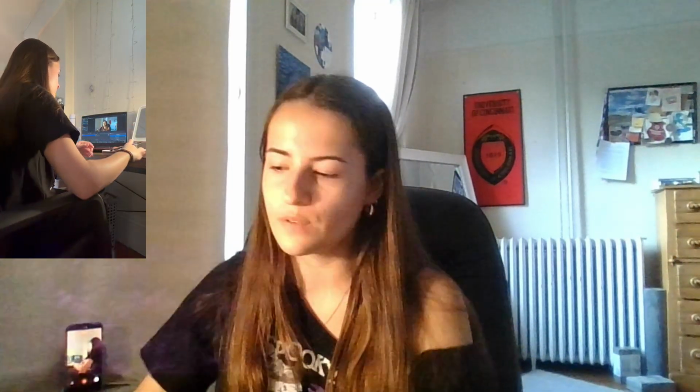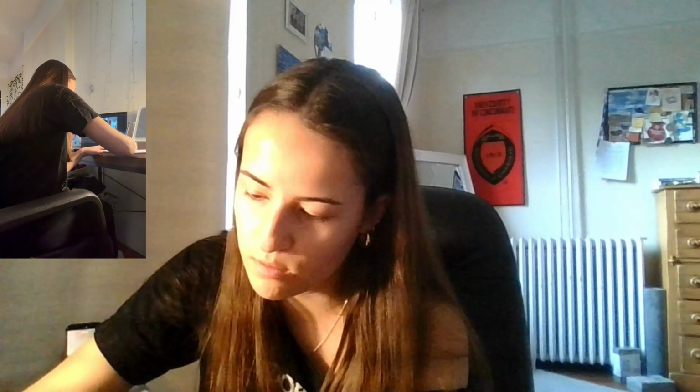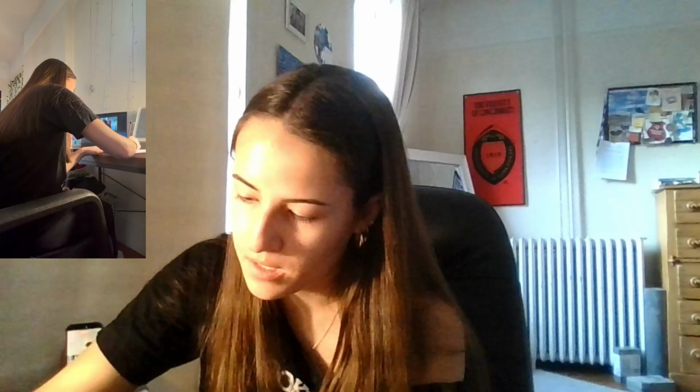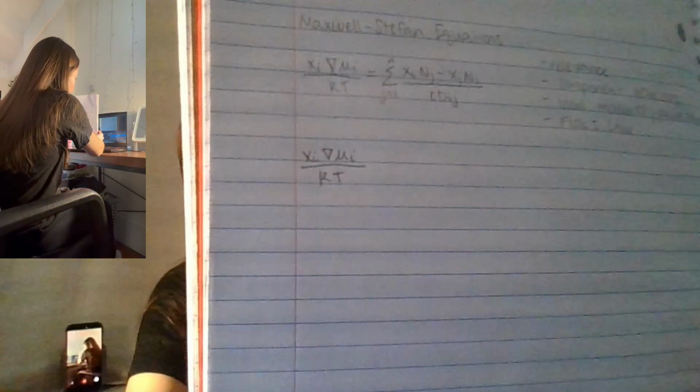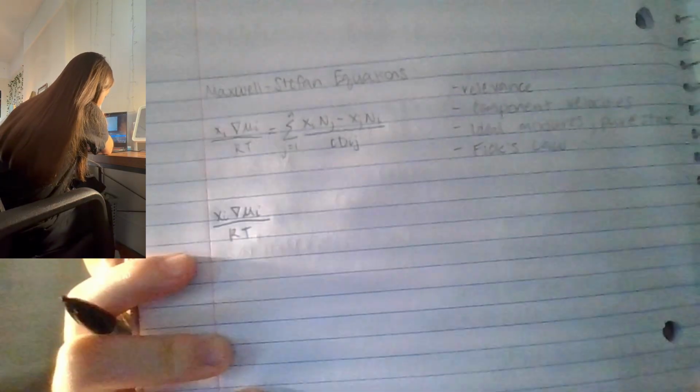The first thing I'm going to do is run through what each of these symbols mean. I'm going to rewrite the left side of the equation, and this list over here is everything that we're going to talk about. I just rewrote the left side of the equation, and we're going to look at each of these. The first variable we have is x_i.